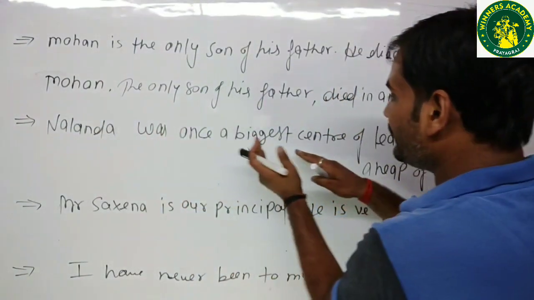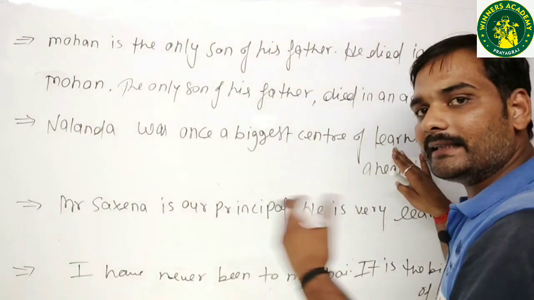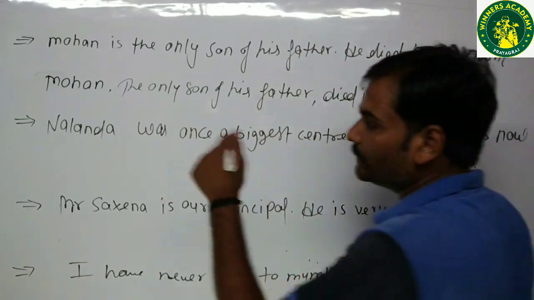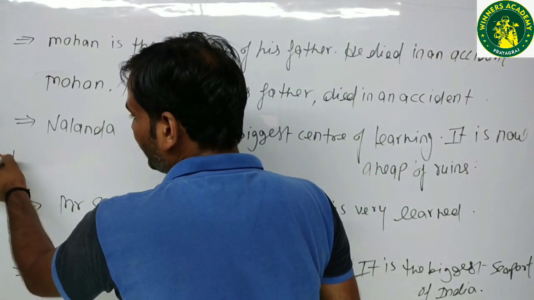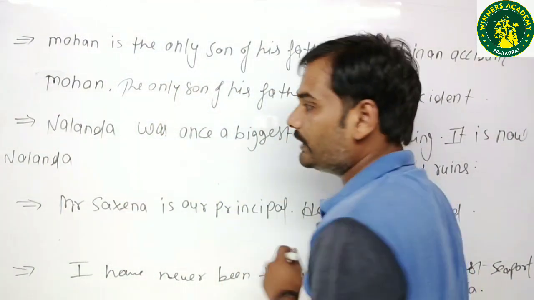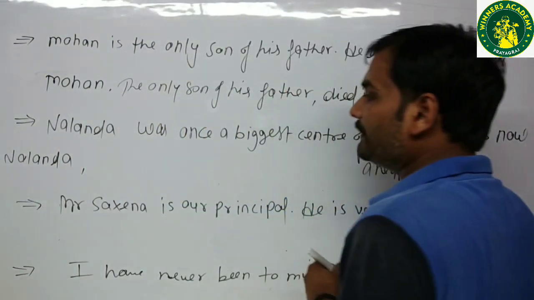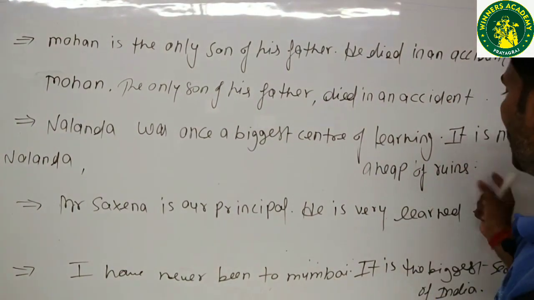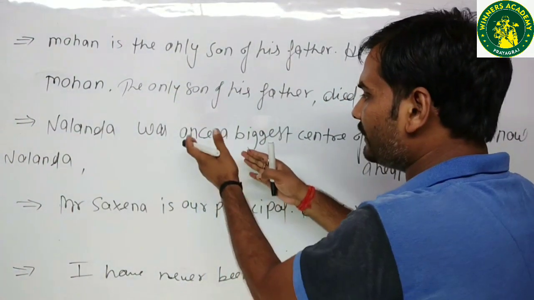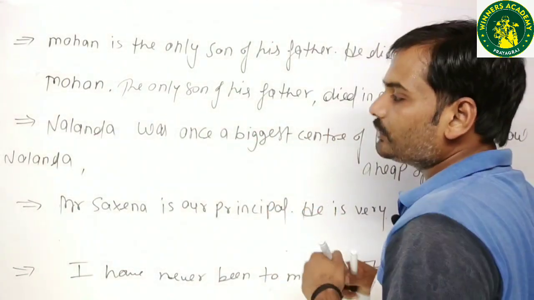Nalanda was once the biggest center of learning, meaning Nalanda was once a very big center of education. It is now a heap of ruins. So your main subject, what is it? It is Nalanda. Your word is Nalanda. You have to use a comma. Now look, there are two things about it. You can either do now a heap of ruins, or what is best well explained is once a biggest center of learning.